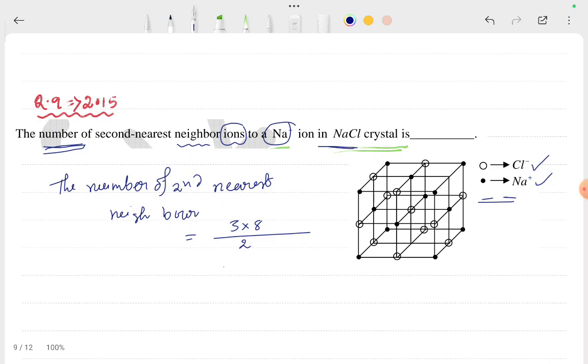I just give you the information. You just write down in your copy, and after we discuss all things of NaCl or diamond or ZnS, you will be familiar with how to calculate the number of nearest neighbors, the radius of one atom, and so on. So don't worry, you just write down in your copy that the number of second nearest neighbor ions for Na plus is equal to 12. Okay, next we go to another question.